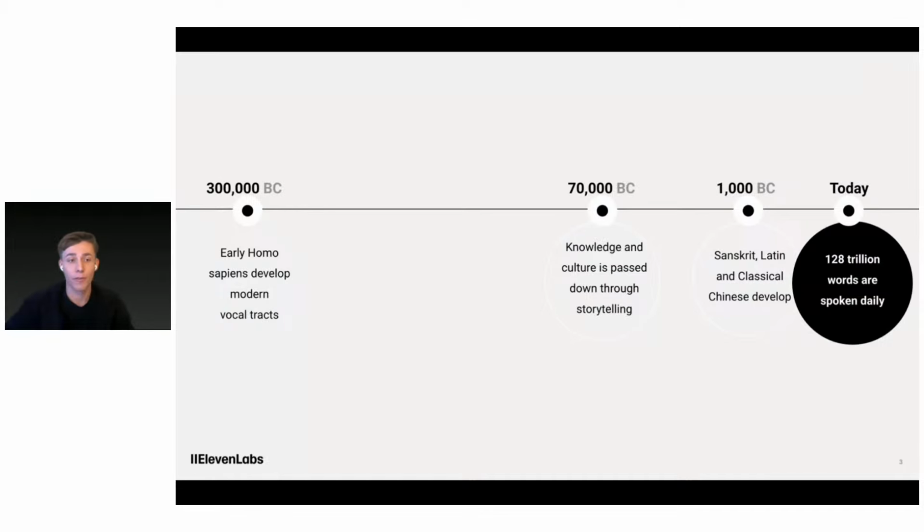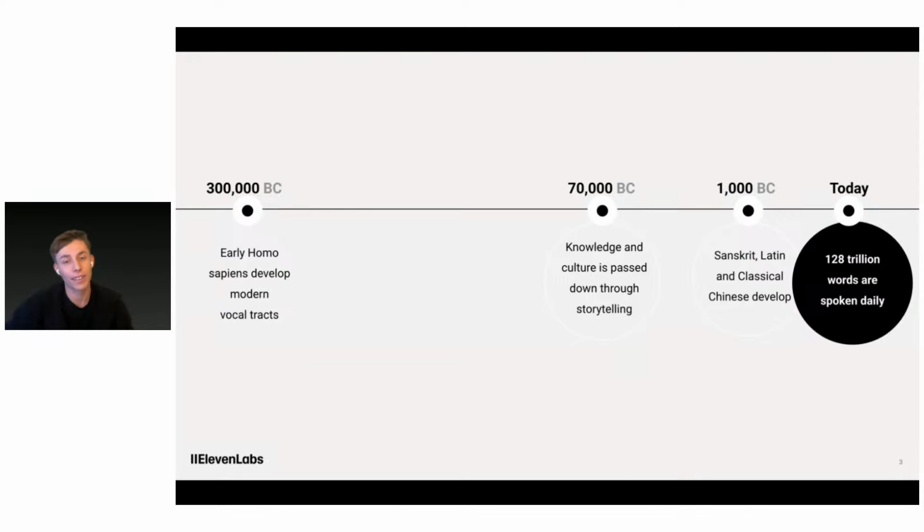So voice has been around for such a long time. Obviously, humans were communicating back in 300,000 BC. That's when we started to develop these vocal tracks so people could start communicating with each other. It's such a valuable part of how we live. The way that you're listening to me right now and understanding what I'm saying is through voice.